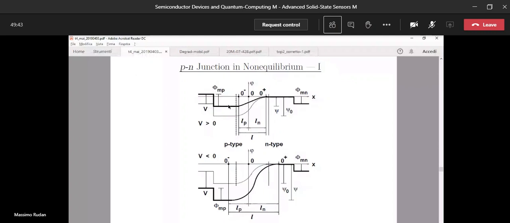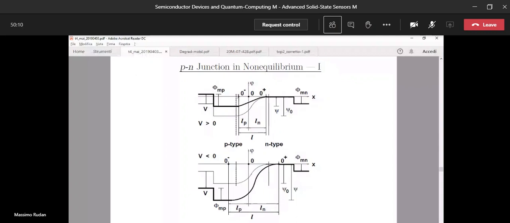In particular, when the PN junction is in the direct bias condition, the space charge region shrinks a little, not that much. So O minus goes a little to the right with respect to equilibrium. O plus goes a little to the left.